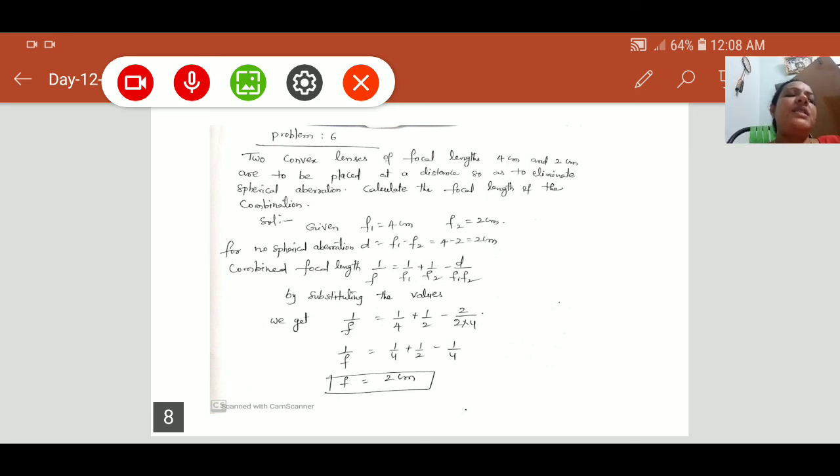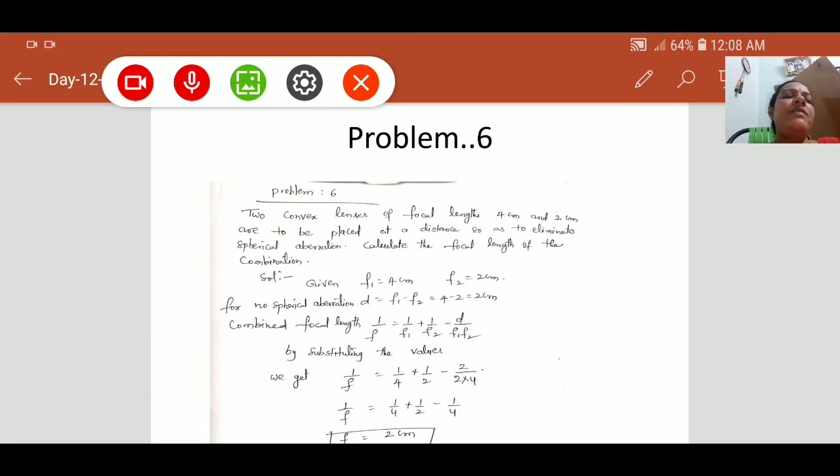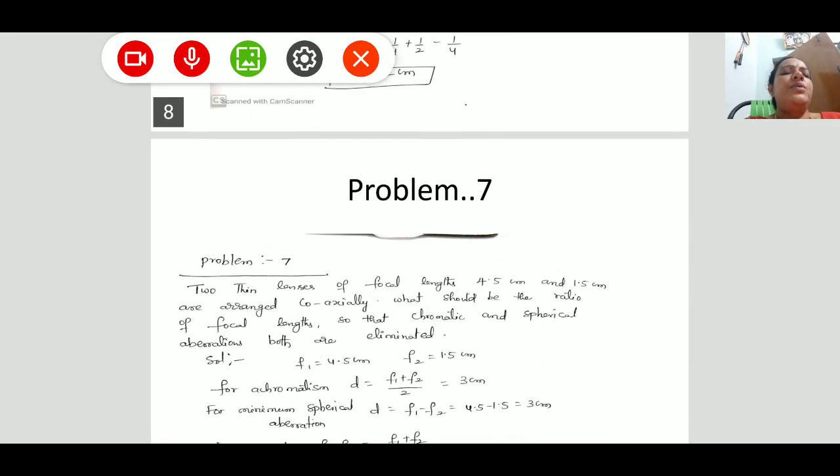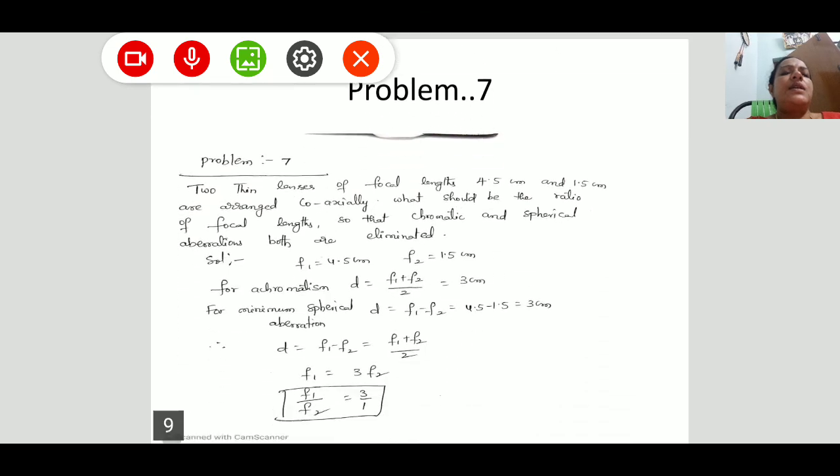Calculate the focal length. That is the spherical aberration condition. You have to write x equal to (f1 plus f2) by 2, and by the combined focal length equation 1 by f is equal to 1 by f1 plus 1 by f2 minus d by f1 f2. Substituting this, you get focal length 2 centimeters.